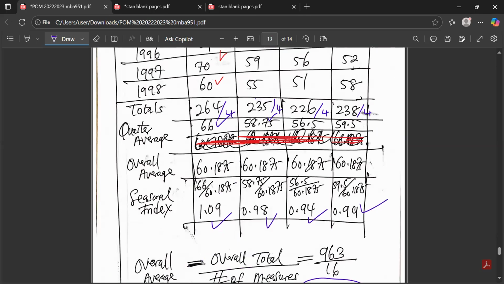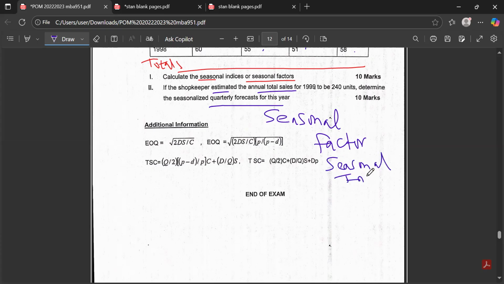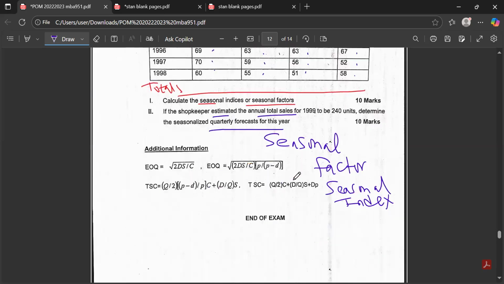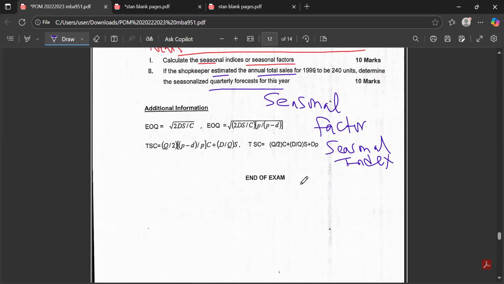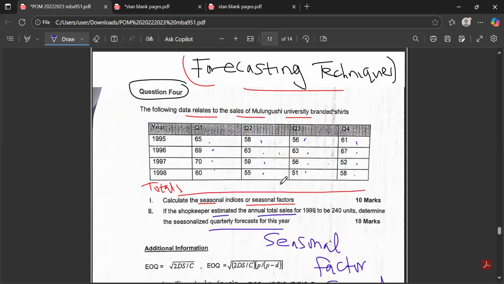So this answers the second part of question 4, looking at forecasting to do with the seasonal factors or seasonal indexes. So this is the end of this question. All right. So we can end here.